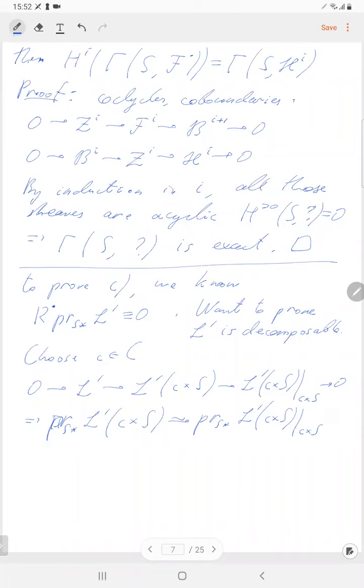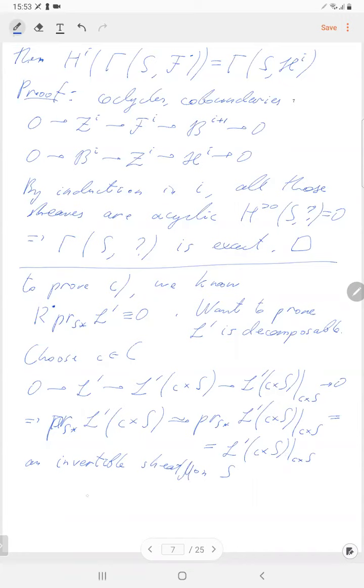This projection is just L prime, well, twisted, and then restricted to the fiber. And they are isomorphic once again. And in particular, this is invertible. There's some invertible sheaf on S. So let's call it M.